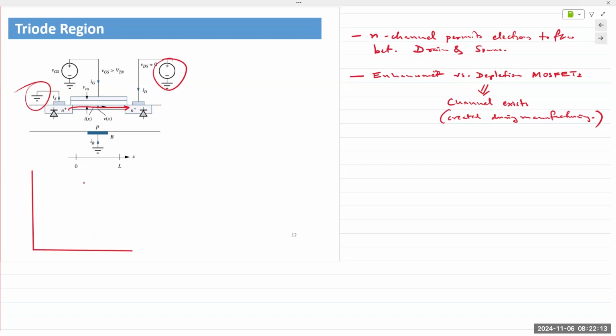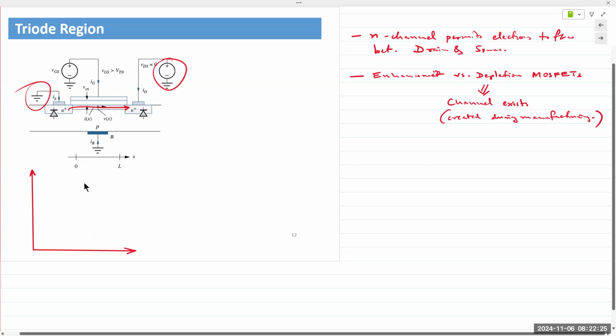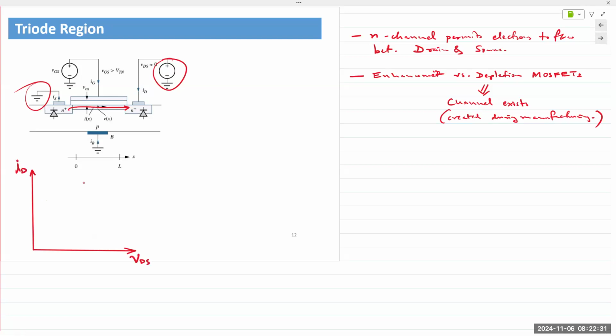This is similar to the JFET characteristics that we saw in the lecture and you created in the lab. It has a linear relationship between VDS and ID, the drain current and the drain to source voltage. Basically, the output side of the transistor has a linear relationship.